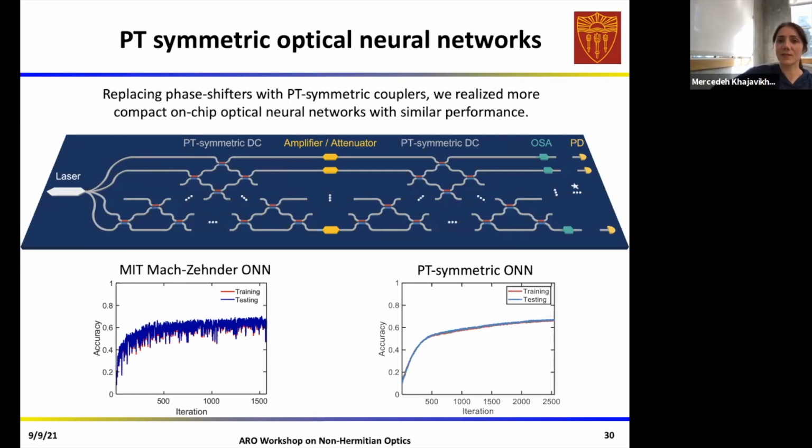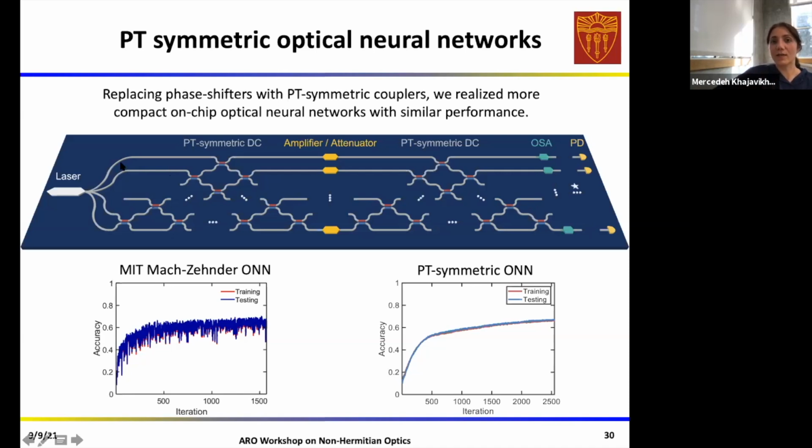The thermo-optic coefficient is a pretty small value, even for silicon, so you need a length of a few hundred micrometers in order to have a 2 pi phase shift.